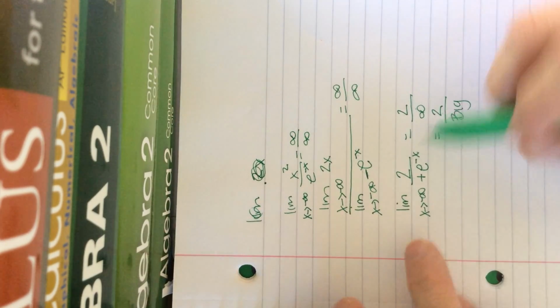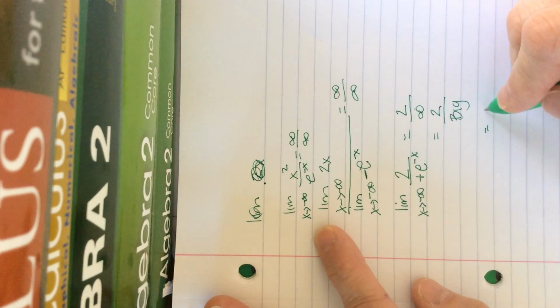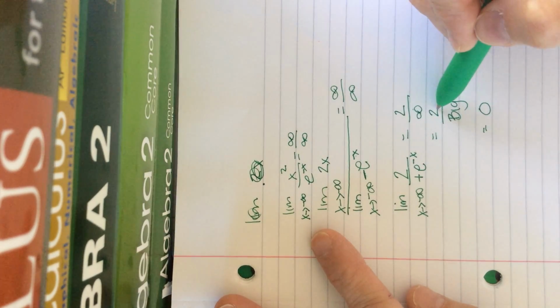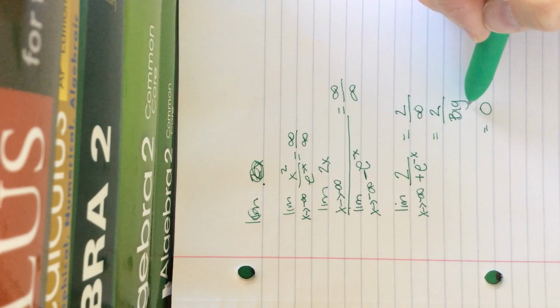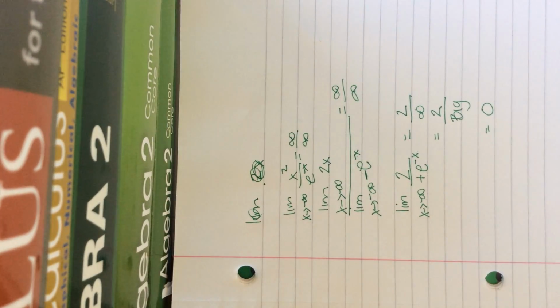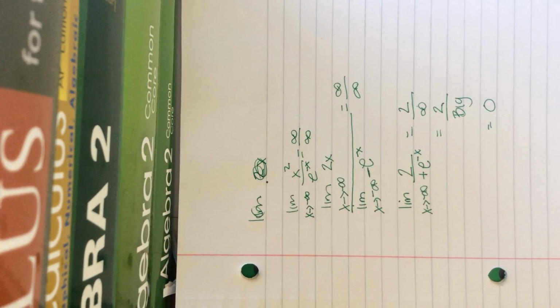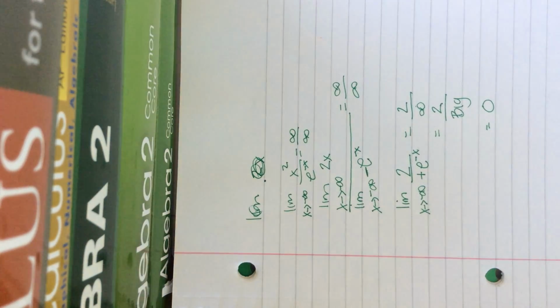So therefore, the limit of this expression is equal to 0, because 2 over something really, really big makes the whole fraction equal 0. Okay? All right. That one you just might have to think about and look at a little bit longer, but you can do it.